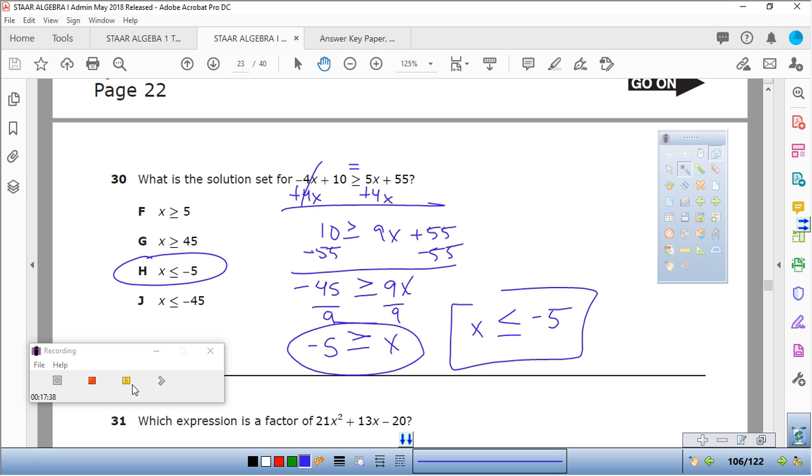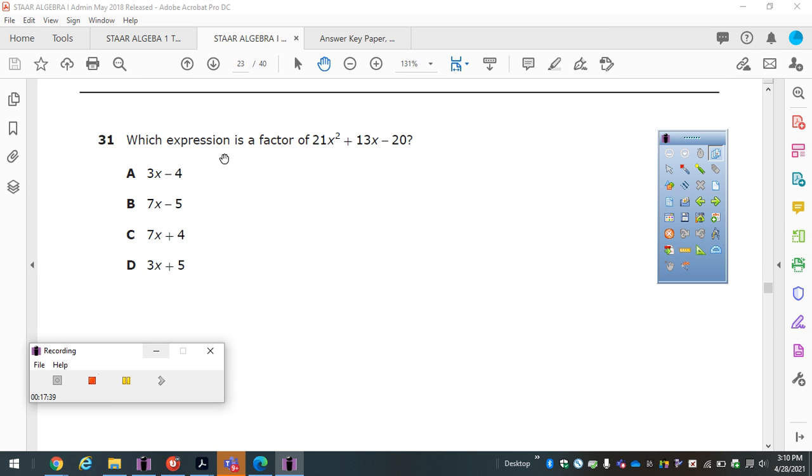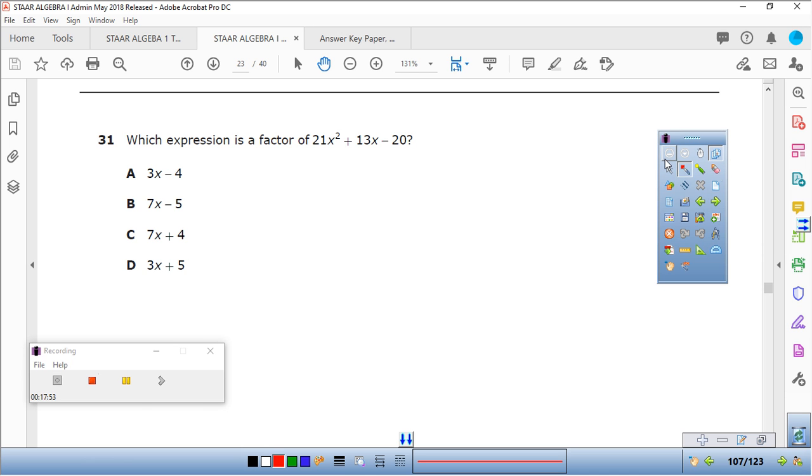Okay, pretty easy. This is saying, hey, what's the factor of this one? Ooh, this one is a good question. There are several ways of doing this one. So let's do it the right way.